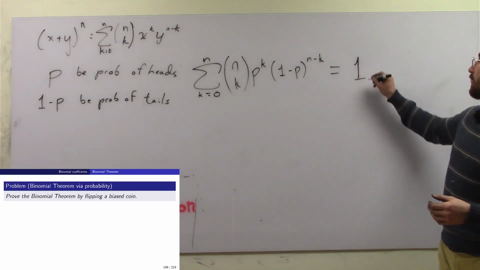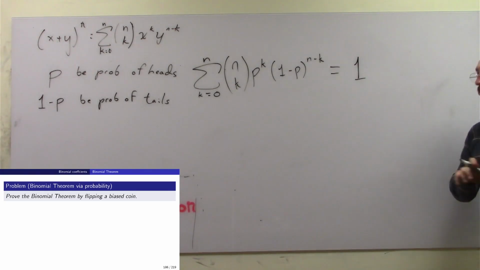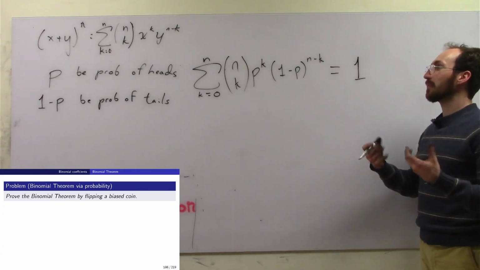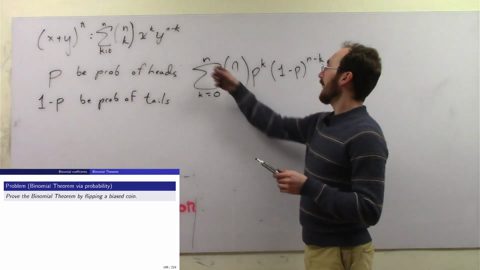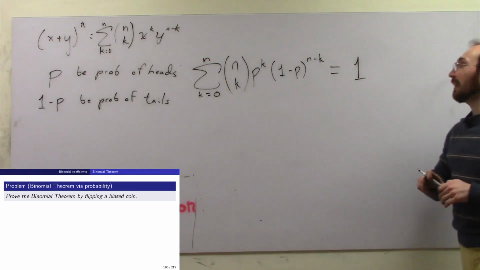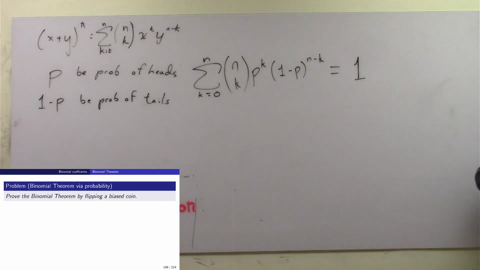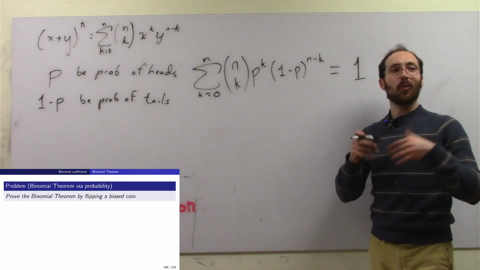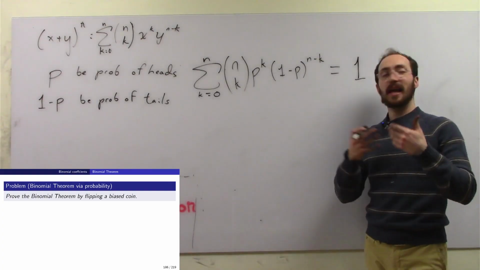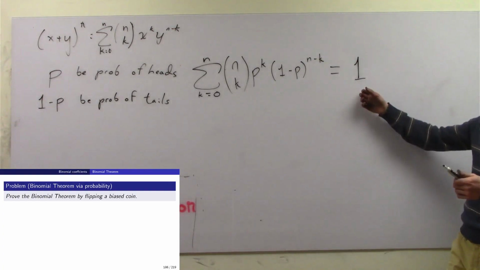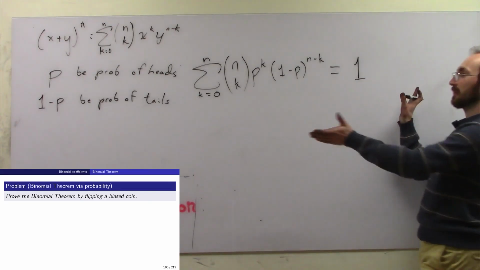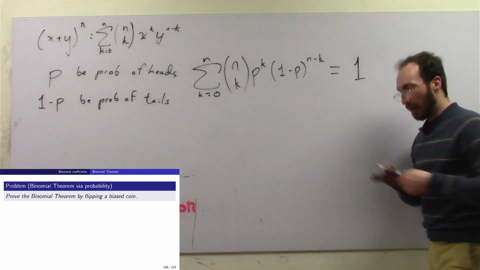The answer is 1. That just means that if I flip a biased coin n times, then I got some ordering, k of those were heads, and they came in some ordering. That's definitely going to happen. So this is just a given.